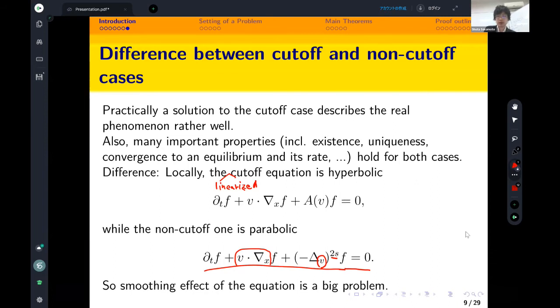So we can get not only v smoothness, but also x smoothness. So the smoothing effect of the equation is a big problem. And I wish to address this problem in the near future, but today we are not going into it.